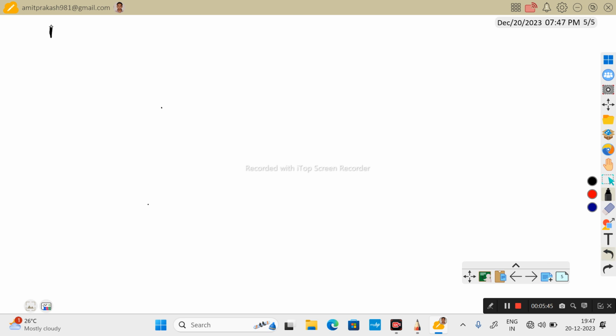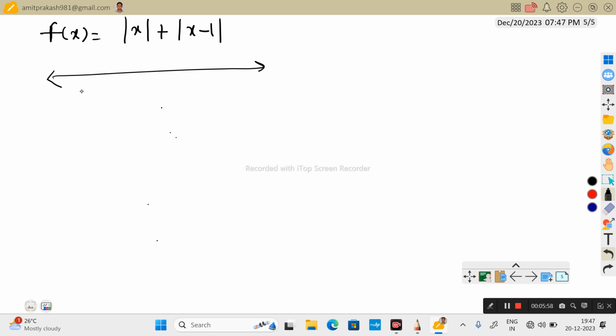Again, we are given the function f(x) equals mod x plus mod x minus 1, and we write it as a piecewise function. It changes sign at x equals 0 and x minus 1 equals 0, that is x equals 1, so we have three regions.